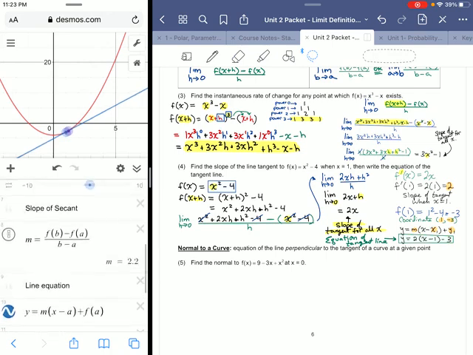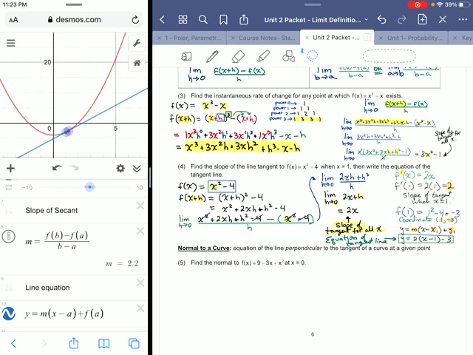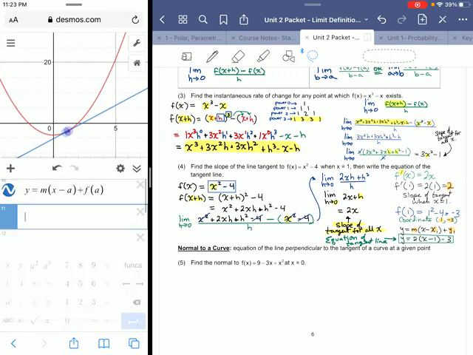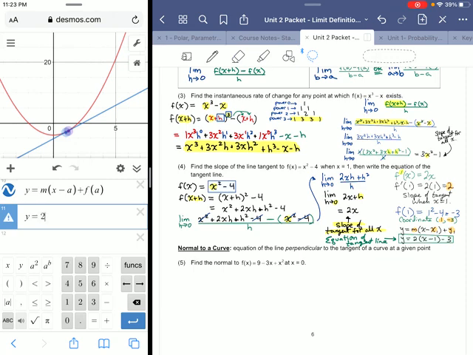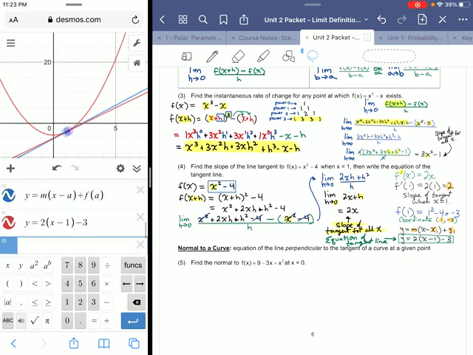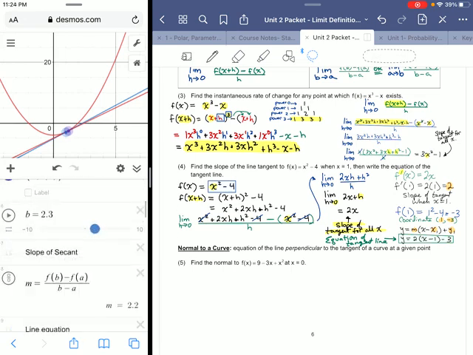Then in terms of the line itself, well, we learn by doing, so let me type in y equals 2 times x minus 1 minus 3. And the big question would be, as my b value gets closer and closer to the a value, does my blue line appear to be approaching that line that I just put in the equation for?